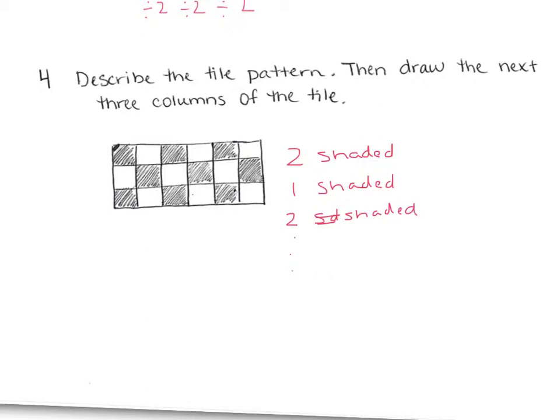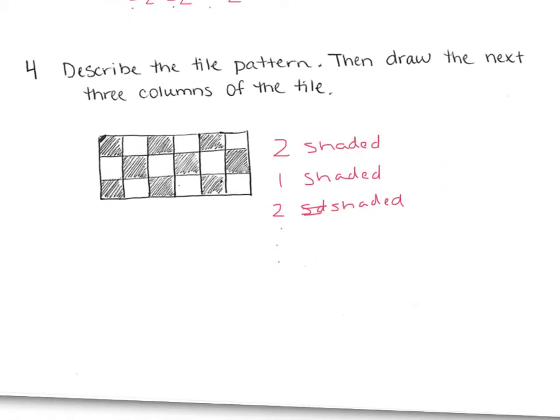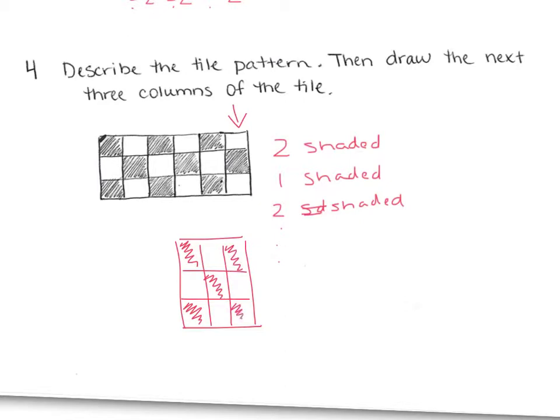To draw the next 3 columns, I ended the pattern with 1 shaded, so this one will have 2 shaded, 1 shaded, and then 2 shaded, and that would continue the pattern.